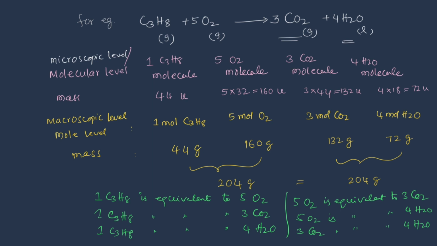For example, now 1 C3H8 is equivalent to which one? 5 O2. Therefore, we can use a conversion factor.